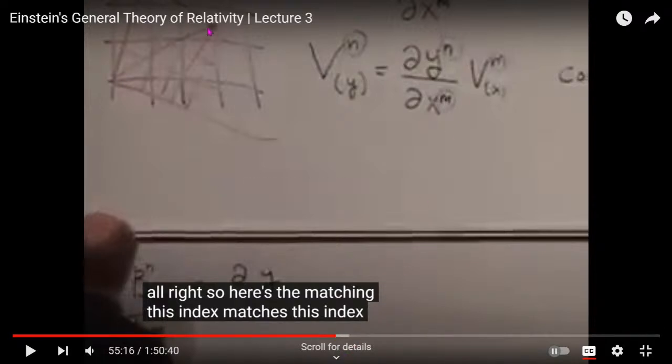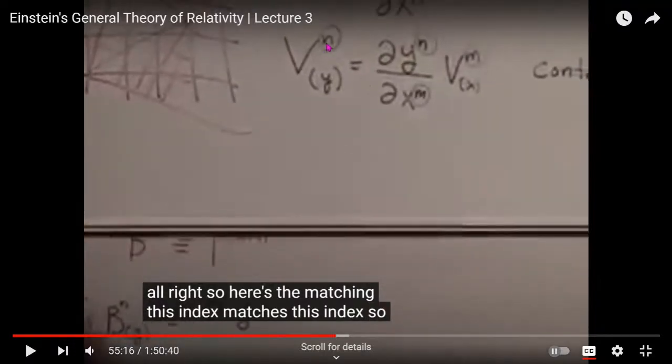Okay, copied over. So we're going to be converting a vector's component N to a vector component M. This is N and this is M. This is Y and this is X. So the nth component is Y_N, X_M.